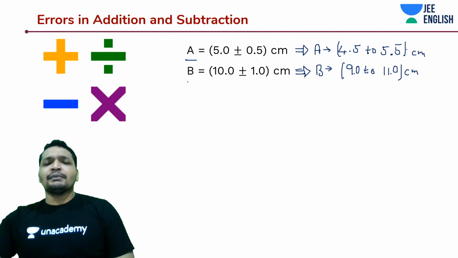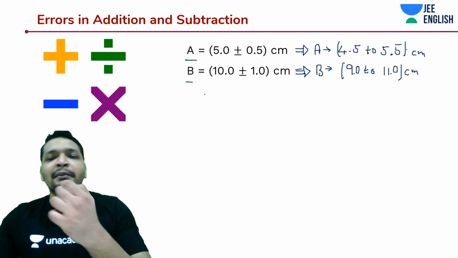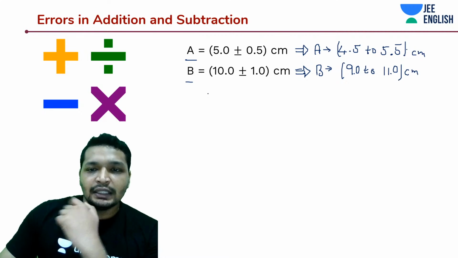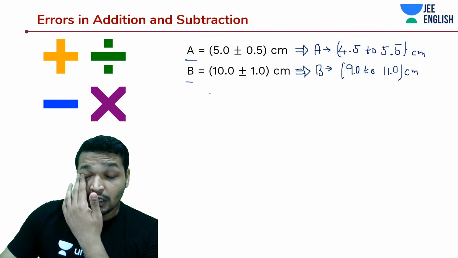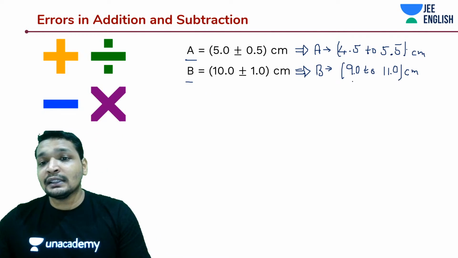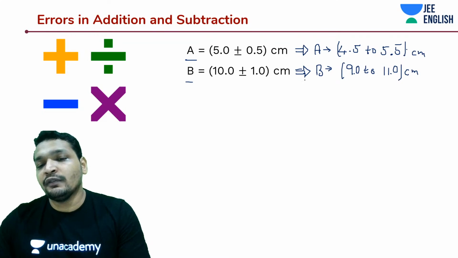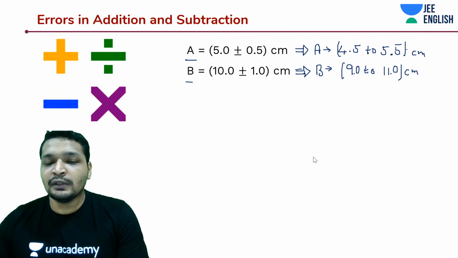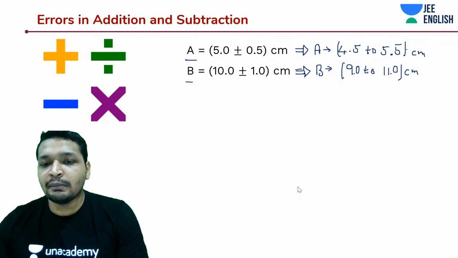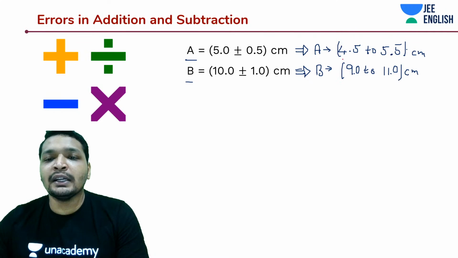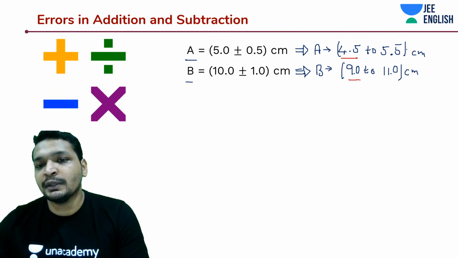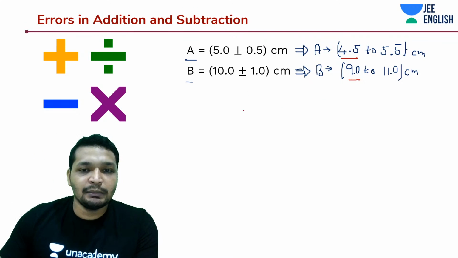So let's understand something. What can be the maximum error that I can get while addition? Let's say I'm adding the least possible values. What are the least possible values of measurement in A and measurement in B? Measurement in A it's 4.5 centimeters, measurement in B is 9 centimeters.